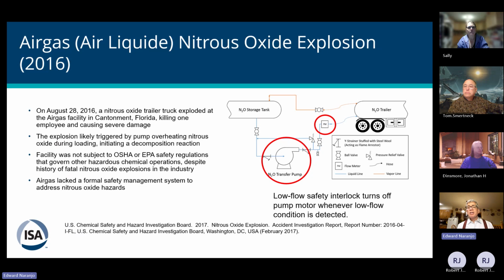And in order to understand what happened, I need to illustrate to you the basic arrangement for dispensing N2O from a trailer into that storage tank. And it uses a pump. There's nothing particular about this type of pump that is highly specialized.